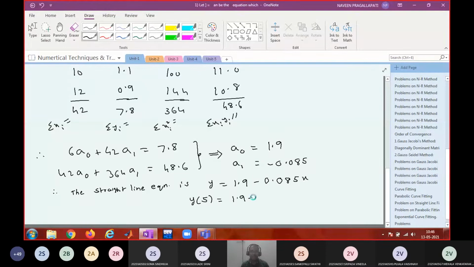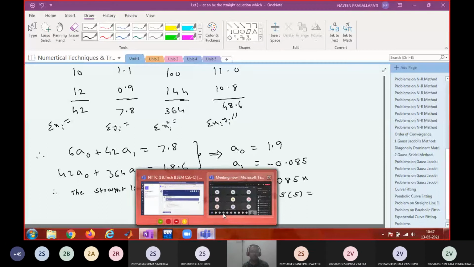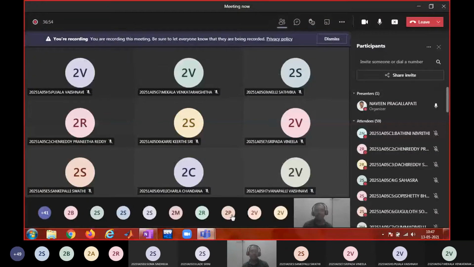So substitute x equal to 5 there. Compute this value. What is that?